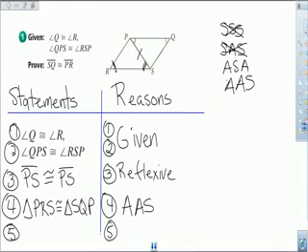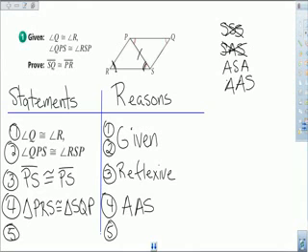Now I know that triangle PRS is congruent to triangle SQP, and R goes with Q. By, what is this?